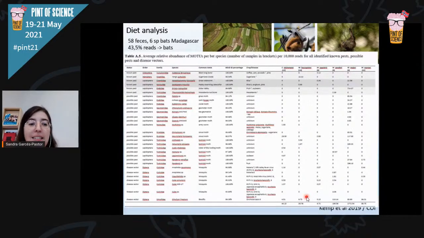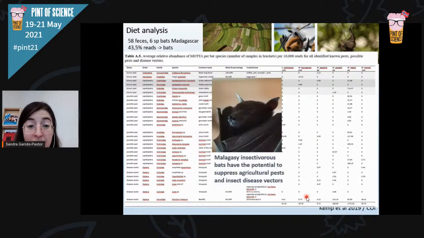But they also realized that a big amount of those taxa, those insects that they were finding, were actually agricultural pests and insect disease vectors. So these bats were suppressing pests that were threatening crops and also human health.